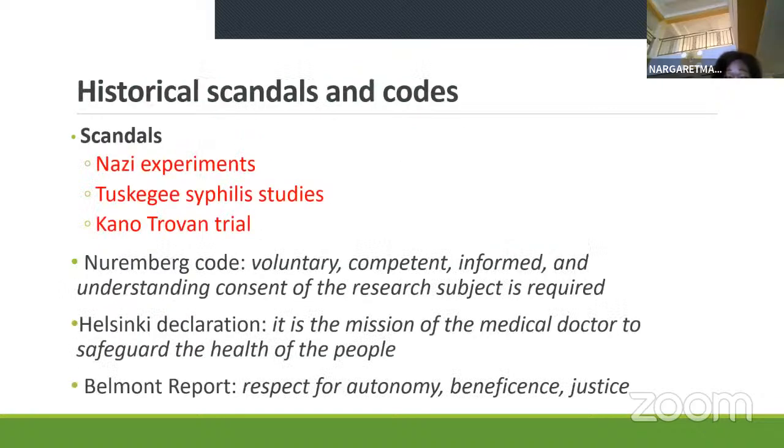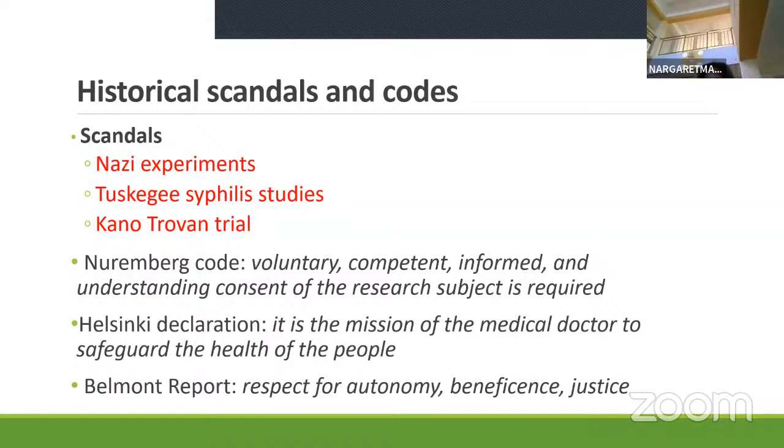So the scandals led to the development of the various codes to protect the human participants. The Nazi experiments: prisoners were taken for granted by the Nazi doctors, and they did all sorts of horrible, heinous, unspeakable experiments on people in confinement. Of course, it ended up in a lot of them dying because there were no rules.